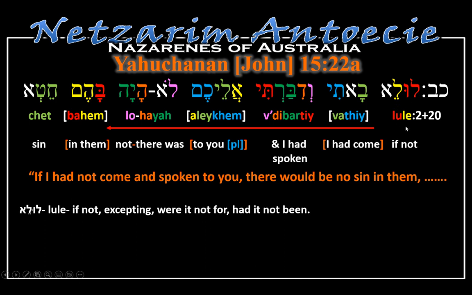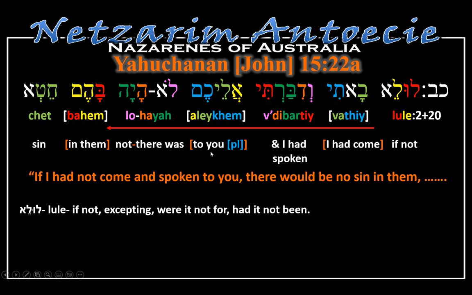Lule, which is translated as if not. If we look down here, lule is if not, excepting, were it not for, had it not been. So if not, vati, I had come. Because we can see va here is to come, right? V'dibarti, and I had spoken, aleichem, unto you.